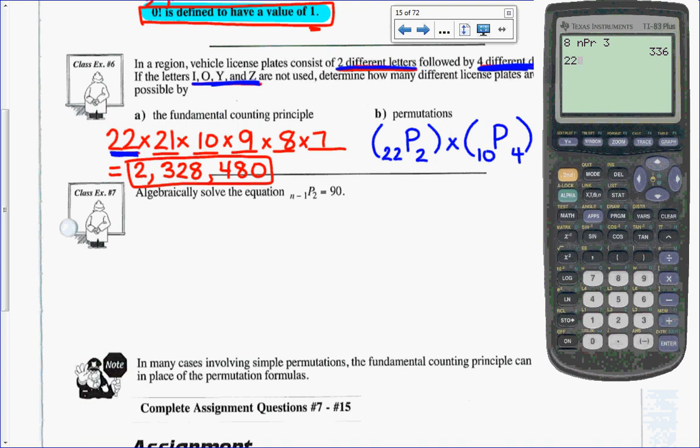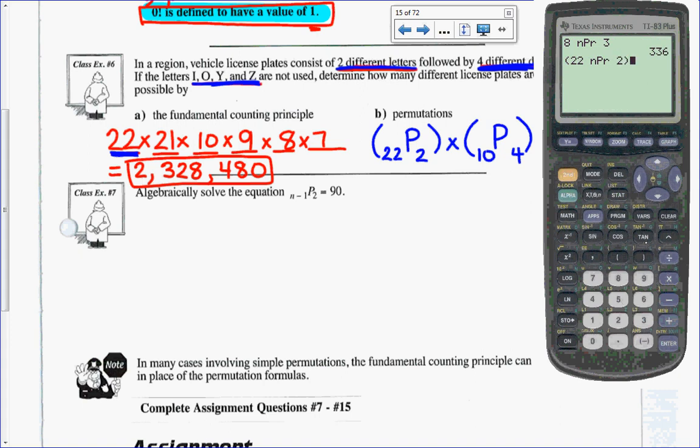Okay, 22. Sorry, let's put in the bracket. Okay, 22. Math. Permutations of 2 objects.